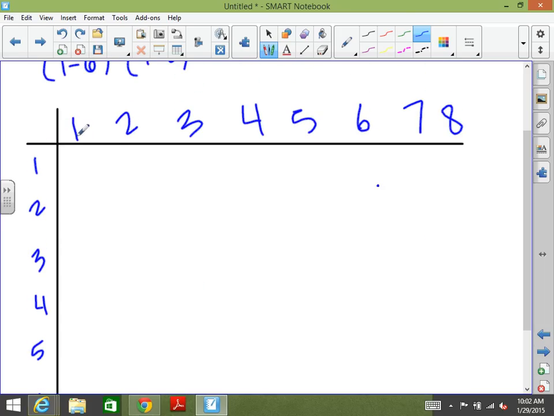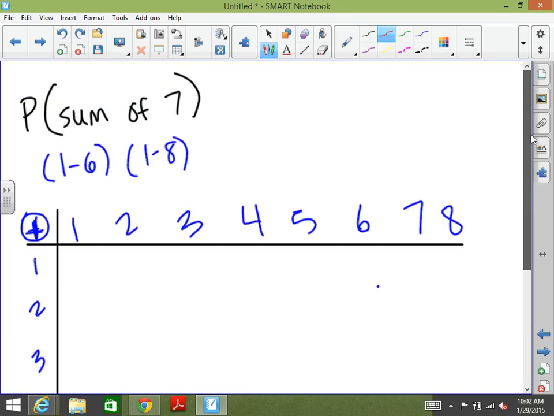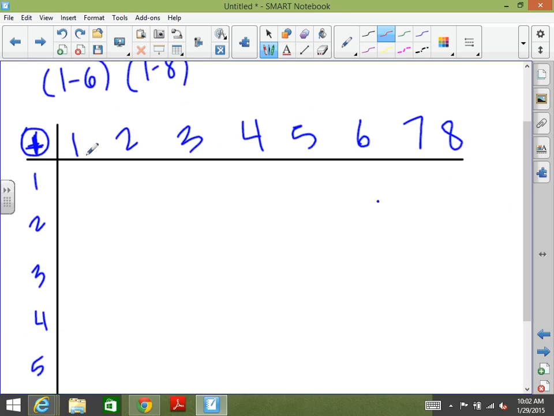Okay, we're doing a sum, so we're adding again. Okay, we ready to start? What's our golden number that we're looking for? 7s, right? Okay, let's start.